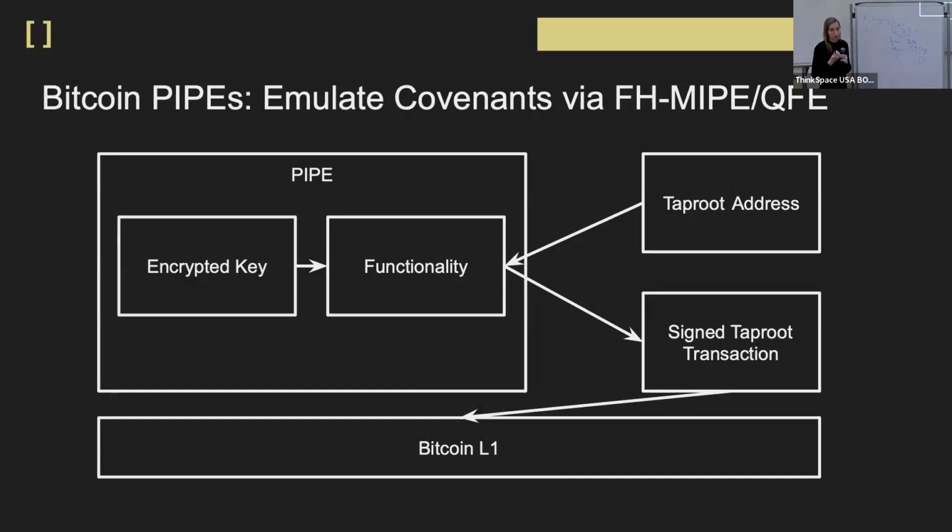Can you do stateful covenants with this? Well, you have to prove state inclusion or something. You can probably define a circuit for it, but that's a different conversation. How can you do stateful covenants with this? Stateless, right out of the box. Stateful, I don't know.